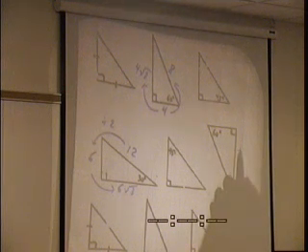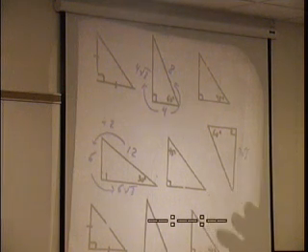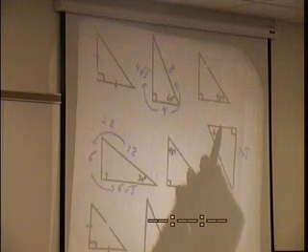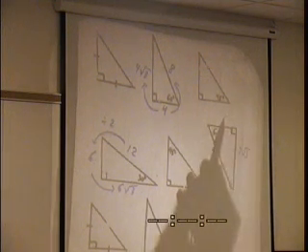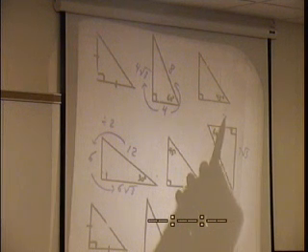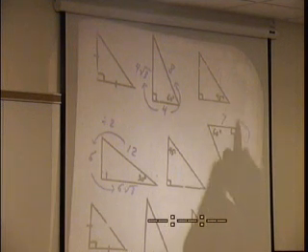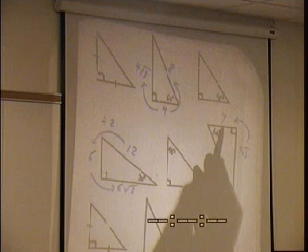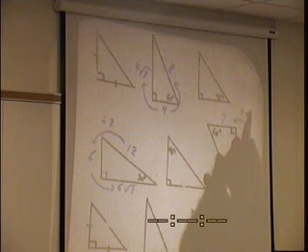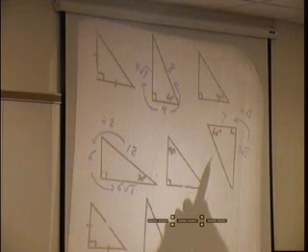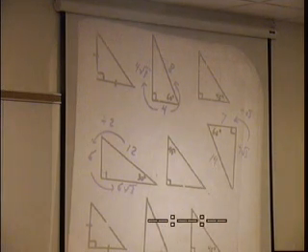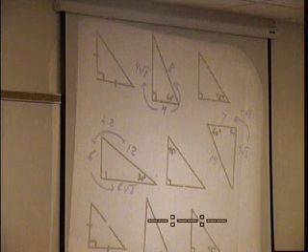If I know the long leg is 7 root 3, I can find the short leg and the hypotenuse. What's the short leg? Somebody say I divide by root 3 to get to here. And this side is double that one. This takes a little bit of practice.